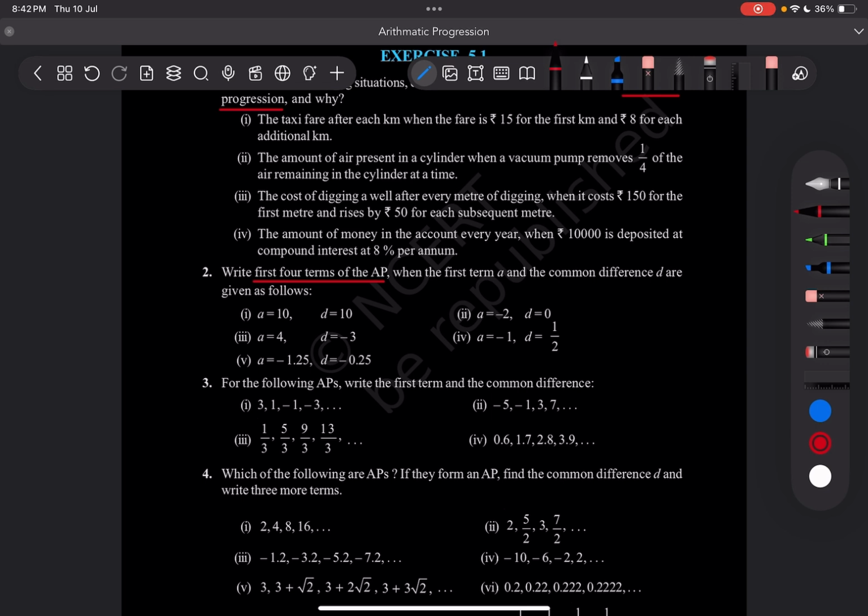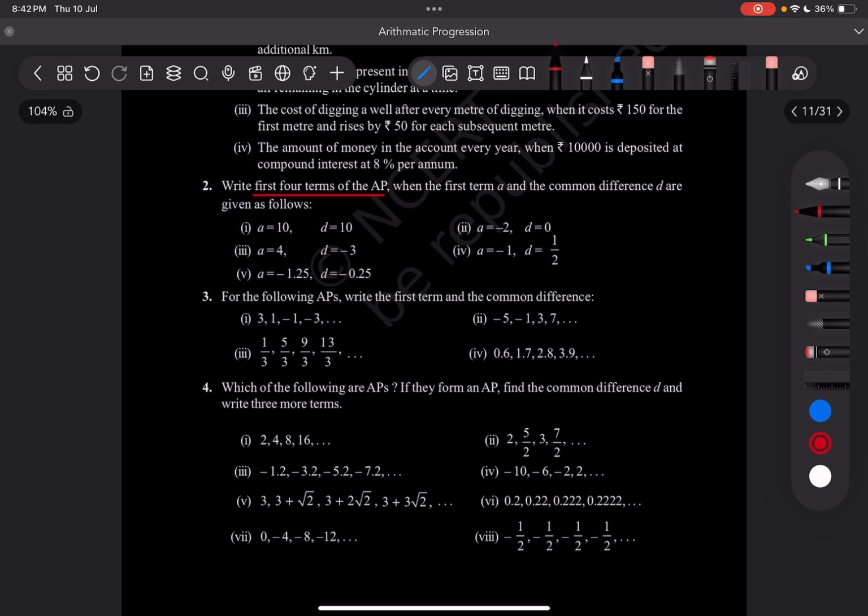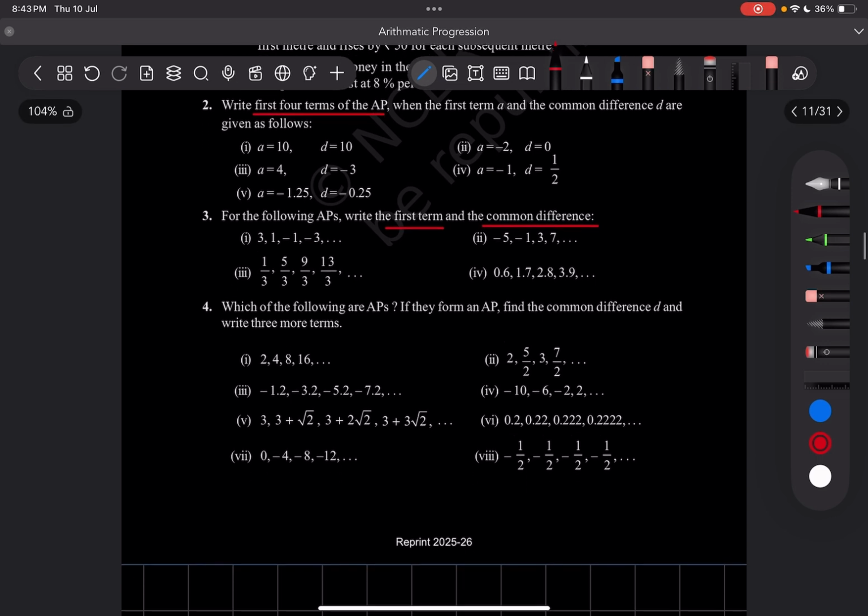This can be done using the general equation, or you can use the basic method for finding the first four terms of an AP. Then we will also discuss the first term of given sequences and the common difference that comes out when we subtract two consecutive numbers of an arithmetic progression.